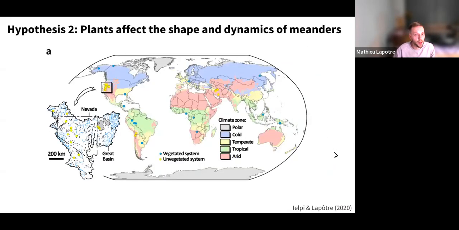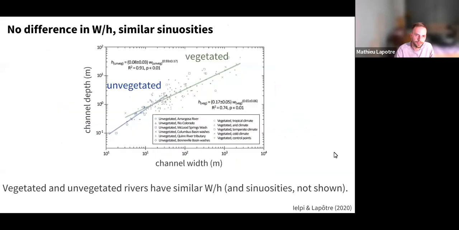So next, we tested hypothesis number two, which is that plants affect the shape and dynamics of meanders. To do that, we compiled the morphometrics of meandering rivers across the globe in both vegetated and unvegetated landscapes, spanning all climate zones but polar, as well as a range of tectonic settings.